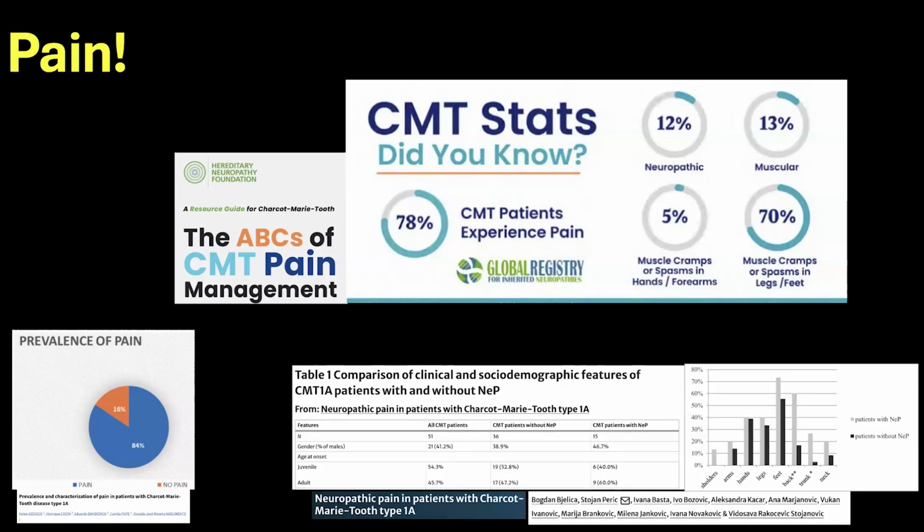Other studies from other countries have demonstrated that neuropathic pain in particular is present in about 30 to 40% of CMT1A patients, but still around 80% of patients have some type of pain.